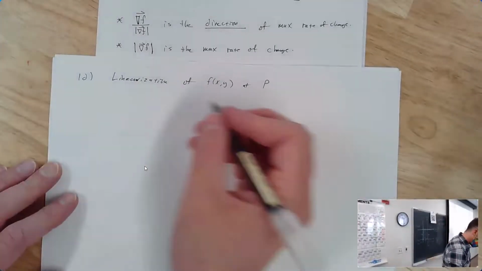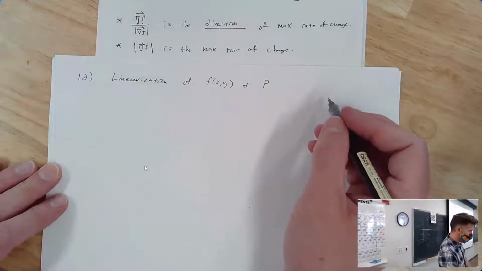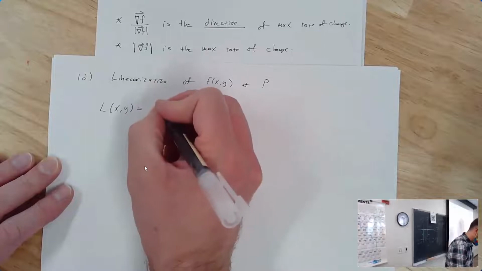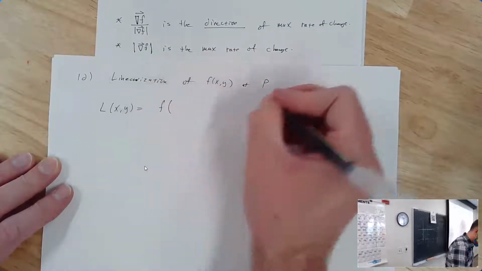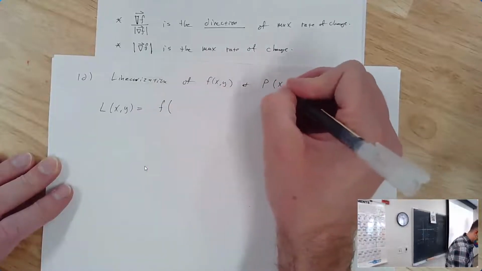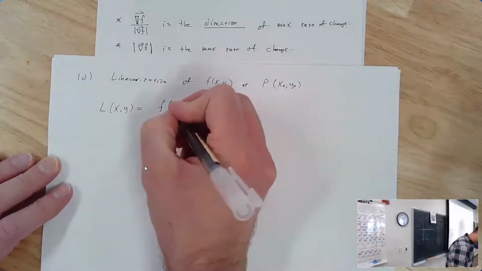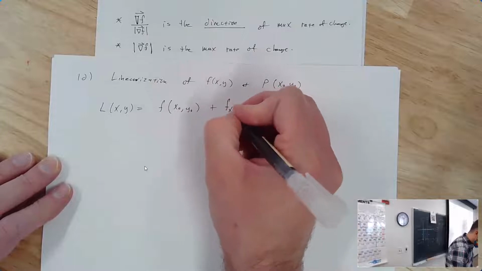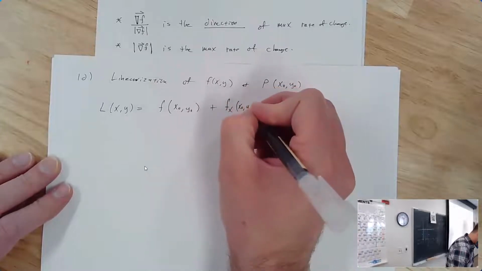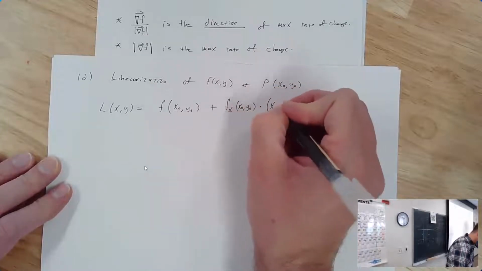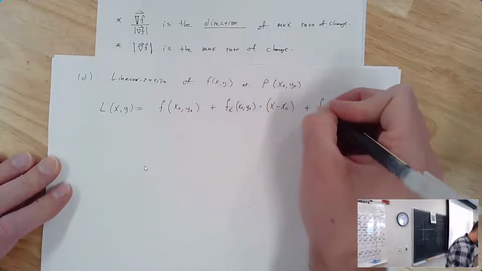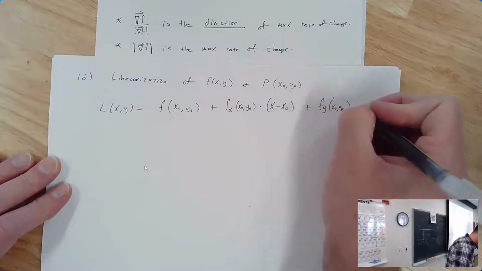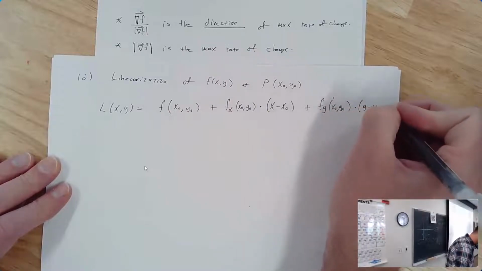Okay, cool. So the linearization of a function at P, L of xy, is going to be f of the point. Let's call the point x naught, y naught for the moment, plus the partial with respect to x times x minus x naught, plus the partial with respect to y, evaluated at the point, times y minus y naught.